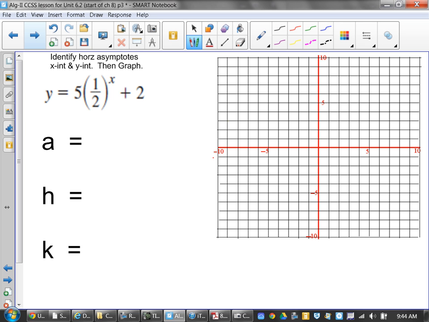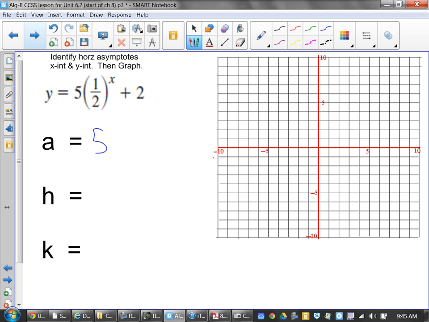So we're going to do the whole shebang of graphing this one out. 5 times the quantity 1/2 to the x, all plus 2, right? Again, when we set these things up, we identify A, H, and K. That way you know which way things are going to get shifted. What's your A value? 5. So my A value is 5.